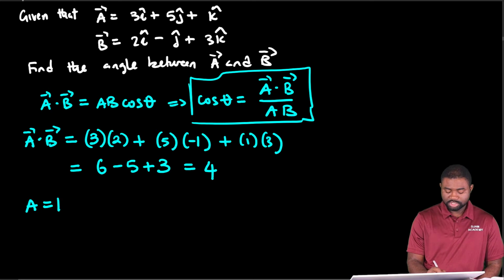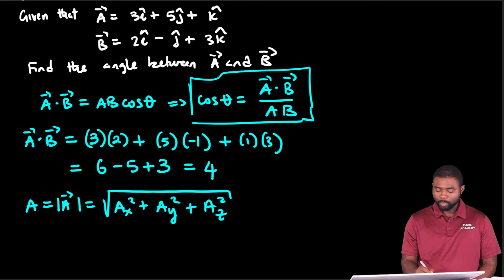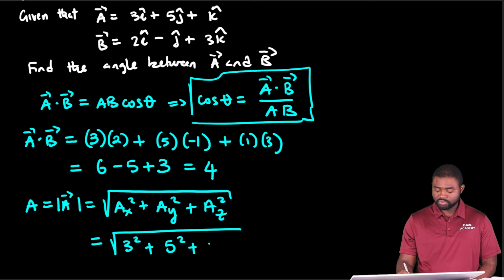The magnitude of vector A is equal to the square root of ax squared plus ay squared plus az squared. This is equal to the square root of 3 squared plus 5 squared plus 1 squared.